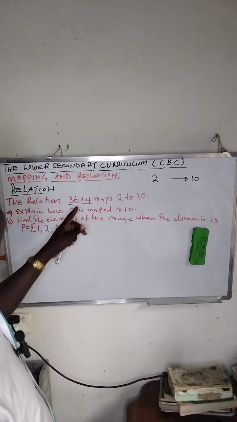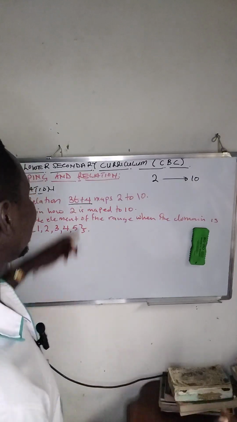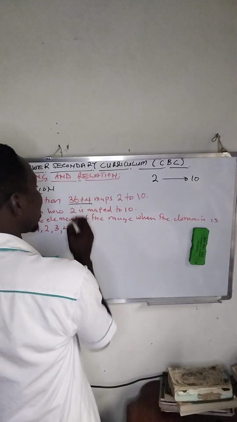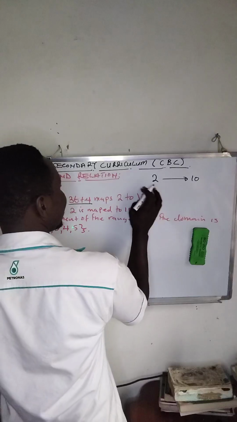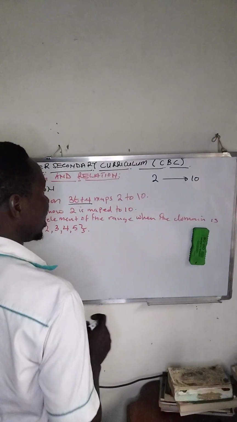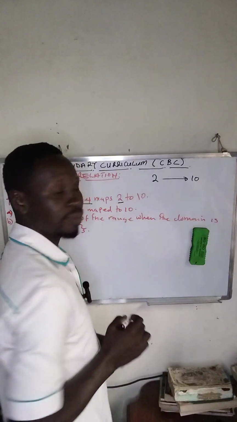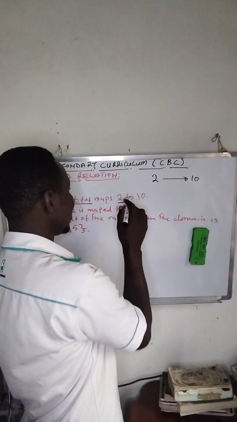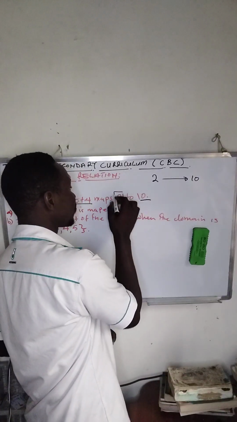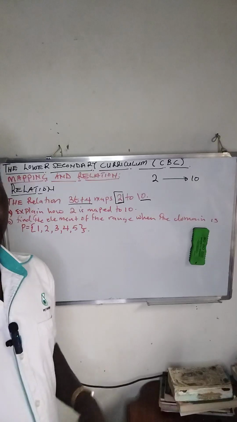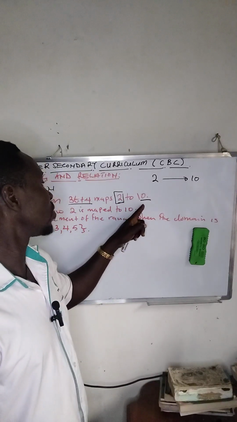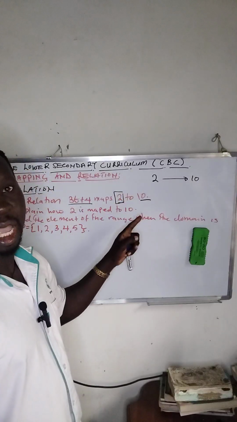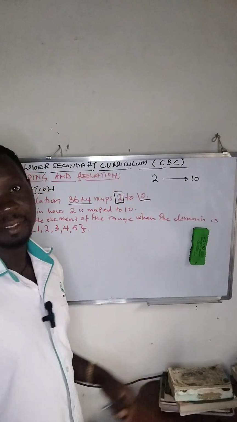Now when you look at this relation, the range, they are giving the range is 2. No, this is the range, but this is the domain given. Since we are having a domain as 2, and it is mapped to a range which is 10, now let us see how this 10 is obtained.